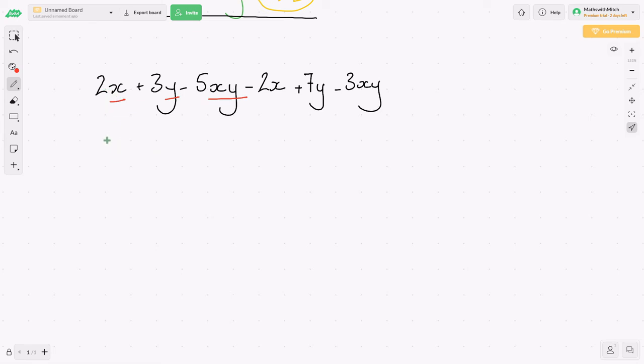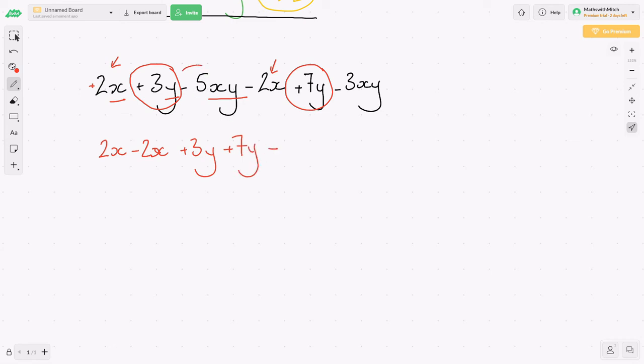So firstly, let's rearrange and put the x terms together. So we have plus 2x, remembering that if there isn't anything in front of it, it is a positive. So that is a positive 2x, minus 2x. That's here. We have a plus 3y plus 7y.